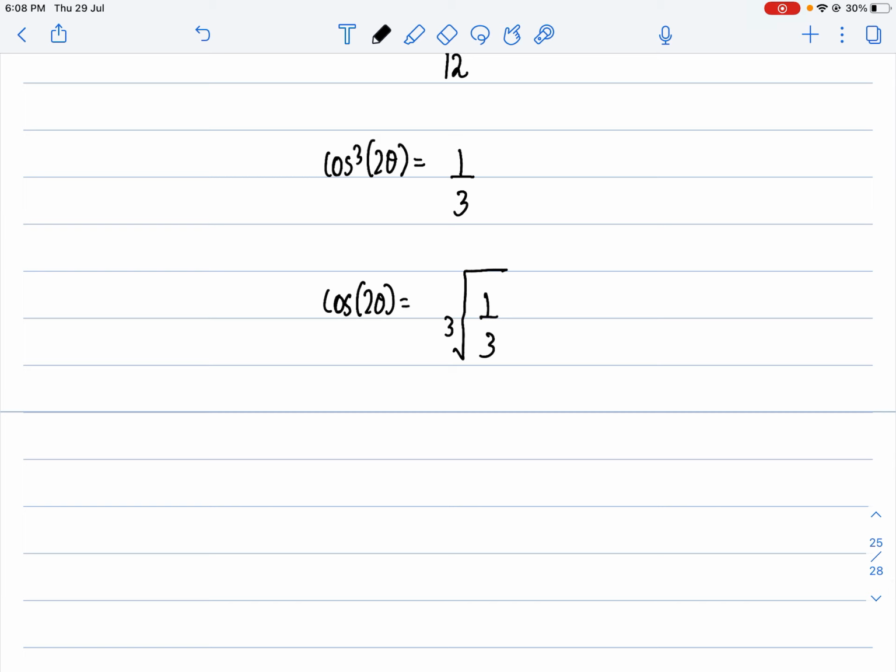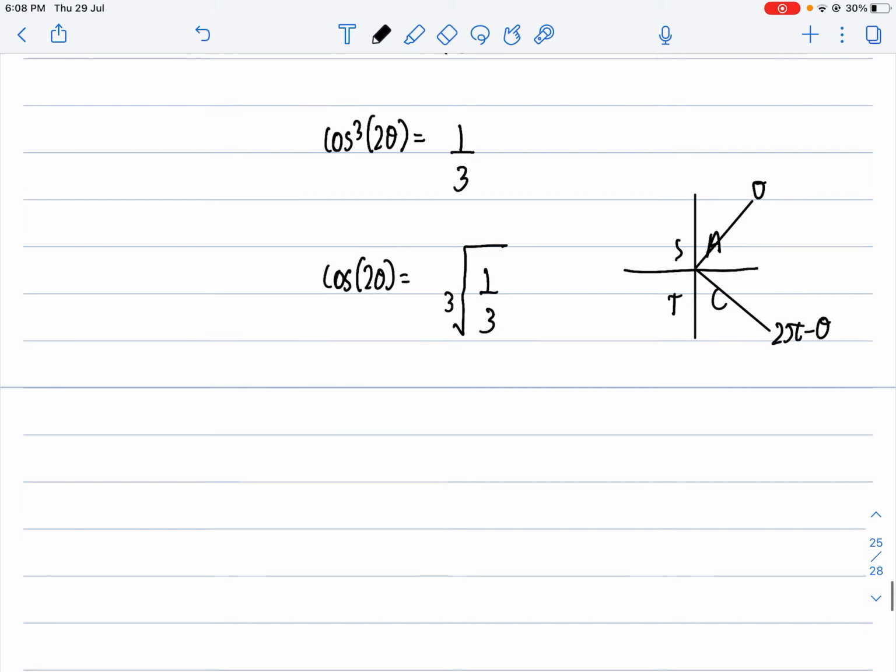Now I need my cos to be positive. Correct? My cos is positive in my ASTC curve. It's positive in the first quadrant and the last quadrant. The first quadrant is theta, the last quadrant is basically 2 pi minus theta.